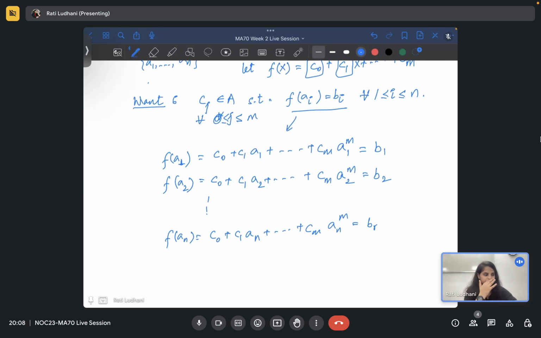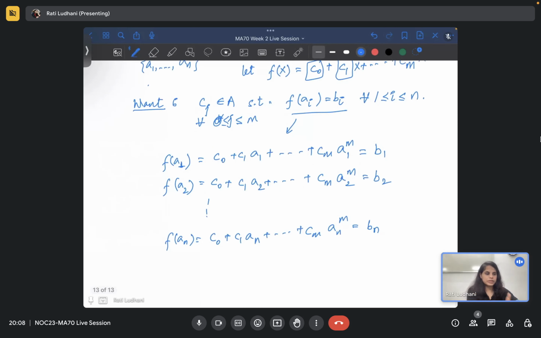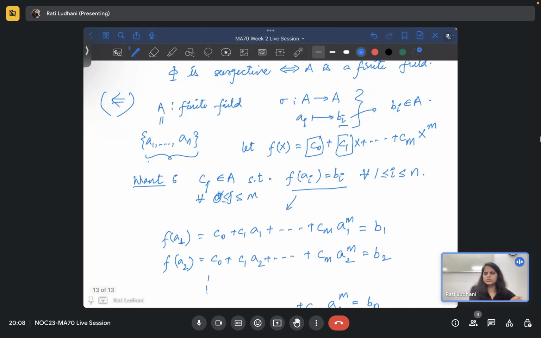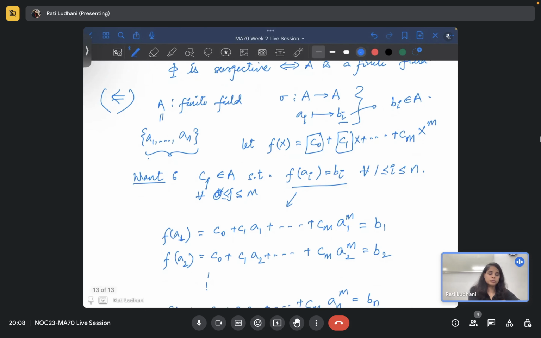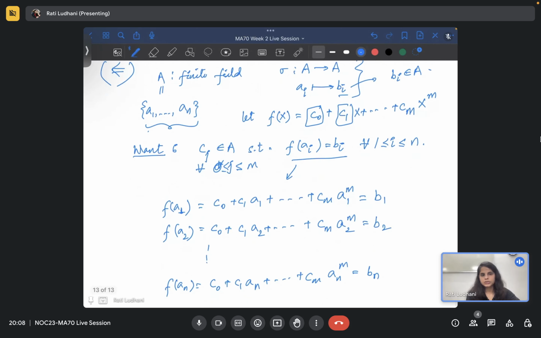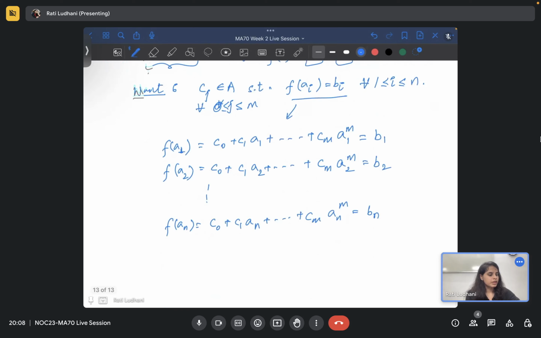We are not saying the b_i's are different, but we at least know the a_i's are distinct, because these are elements of A. We have noted them down as a_1 to a_n, so these are distinct. But for b_1, b_2 we don't know, it could map anywhere, it could map to the same element, to just a_1, all the b_i's could be equal to a_1.